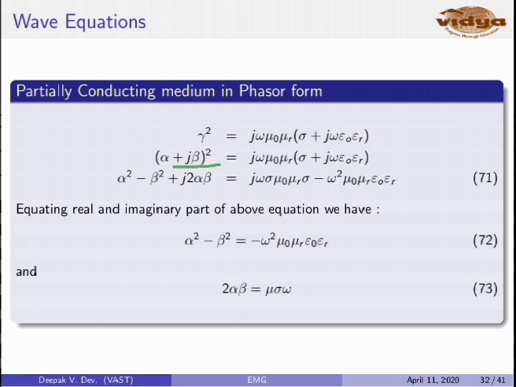So we can write alpha plus j beta whole square, which will be alpha square minus beta square plus j into 2 alpha beta, and the right side becomes this term. We can equate the real parts, this term and this term, and the imaginary parts. These two terms can be equated.